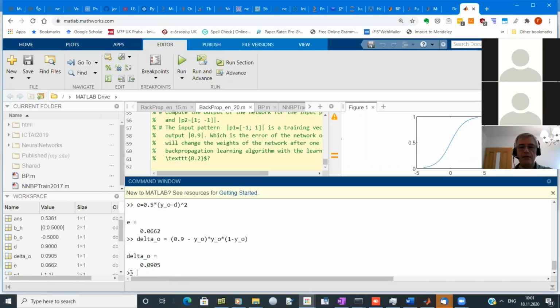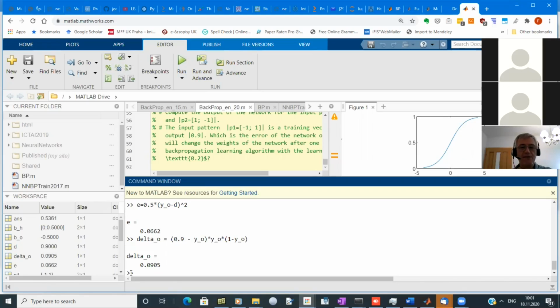Is this the correct value for the delta O? Well, I think that it is. Yes.